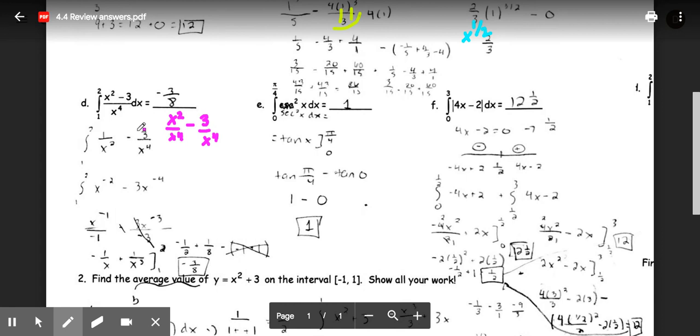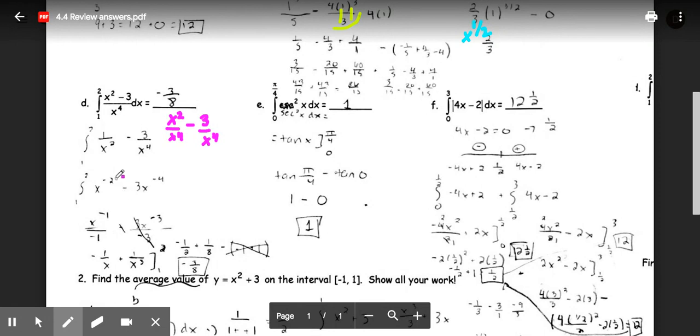This reduces to 1 over x squared. This stays as 3 over x to the fourth. And then what you do from here is you move this up, make it x to the negative second. That's to get yourself ready to integrate. And you move this up, x to the negative fourth, to get that ready to integrate.